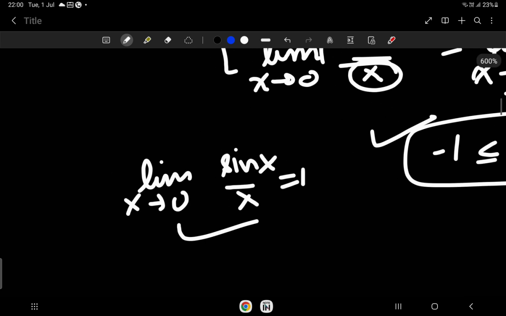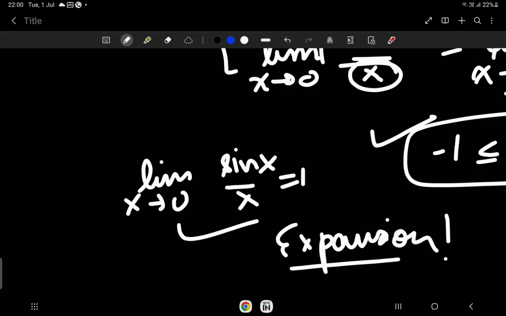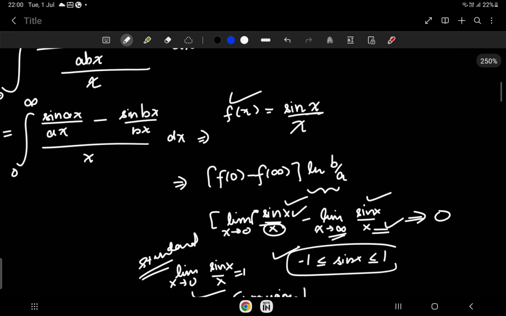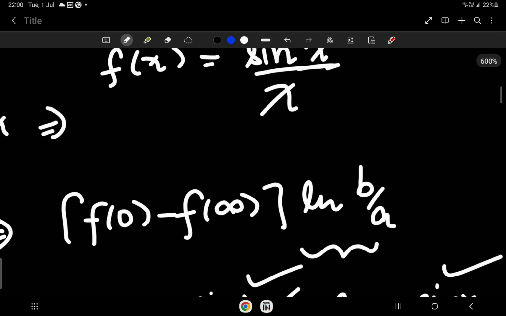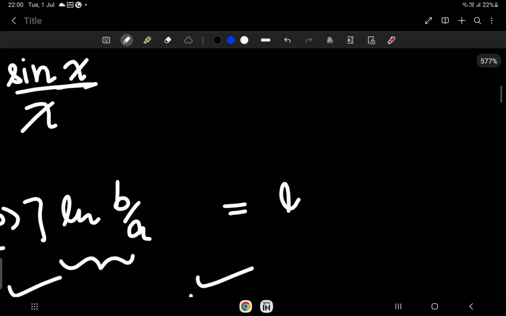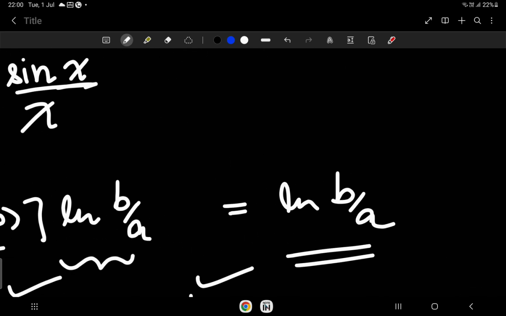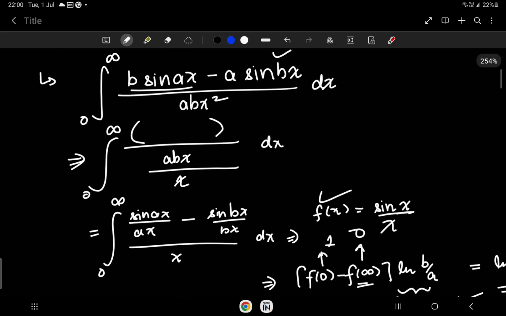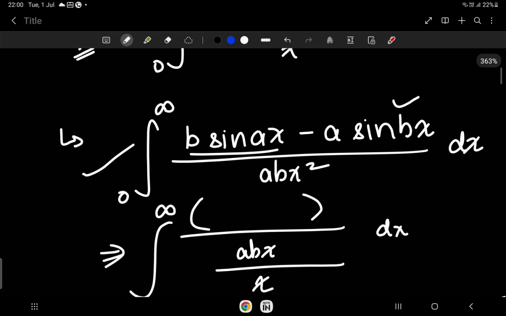We can prove it by expansion also, and it is a standard result. So f of 0 is 1 and f of infinity is 0, so the answer turns out to be ln b by a.